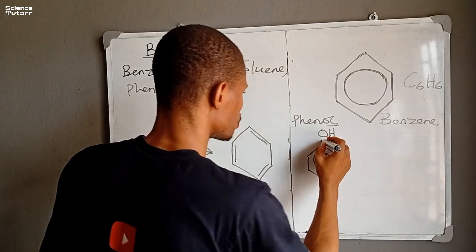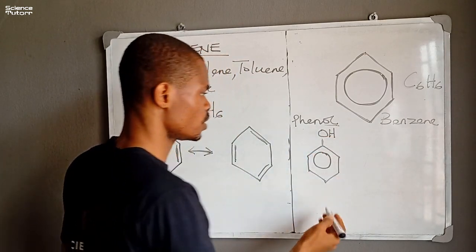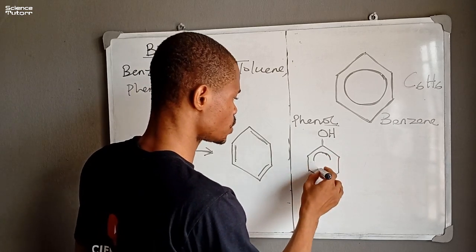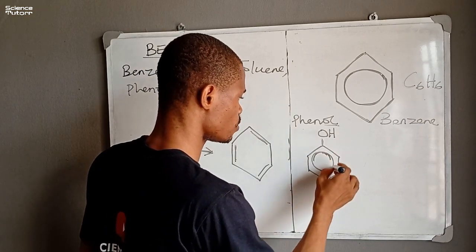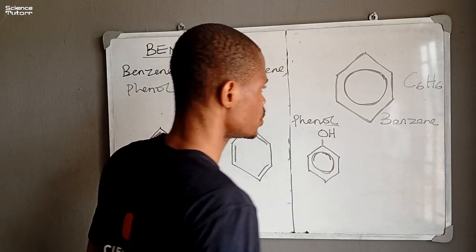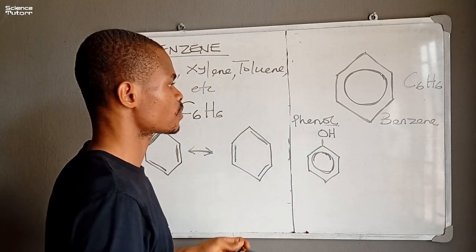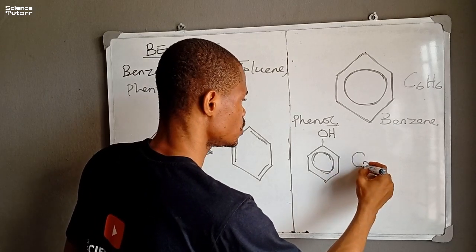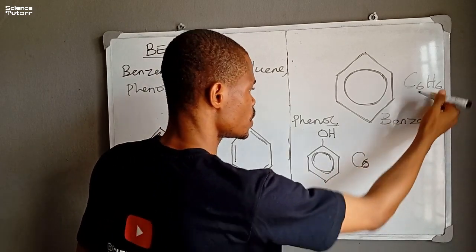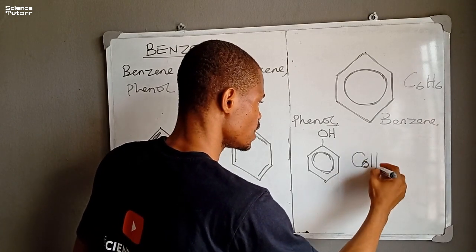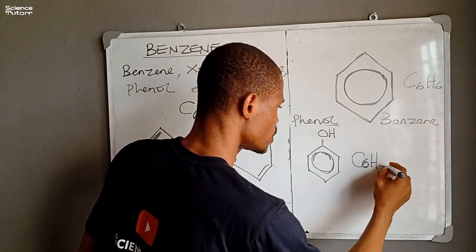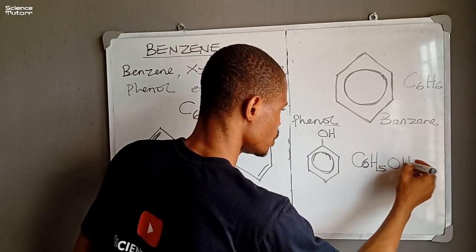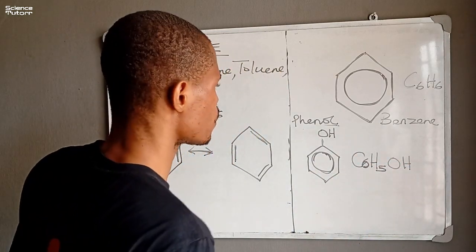So this is the structure of phenol. It has the same structure as benzene, but replacing one of the hydrogen atoms by the OH group. So molecular formula, I can write it as C6, instead of H6, dropping one hydrogen, H5, and then I have OH. This is the structure for phenol.